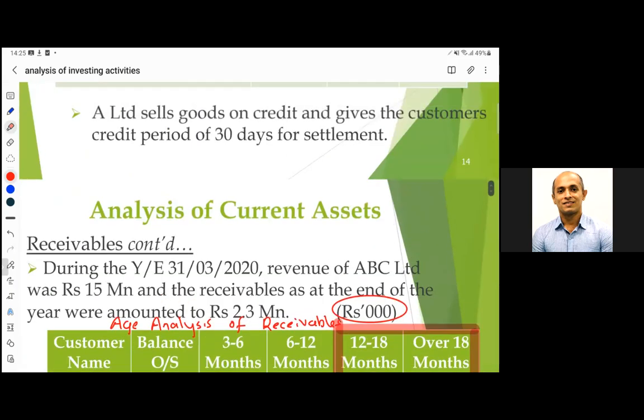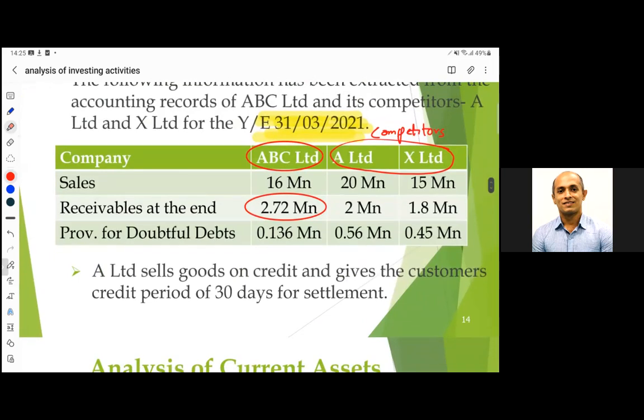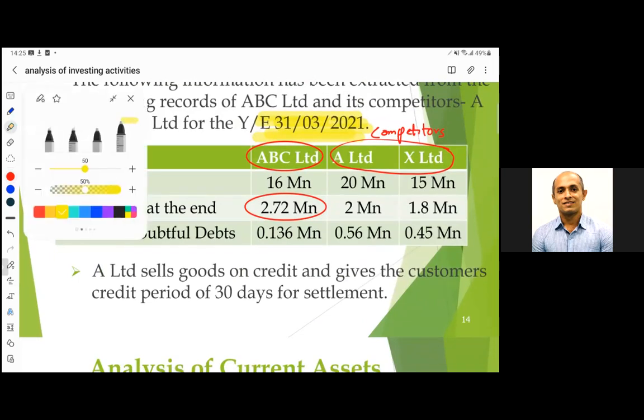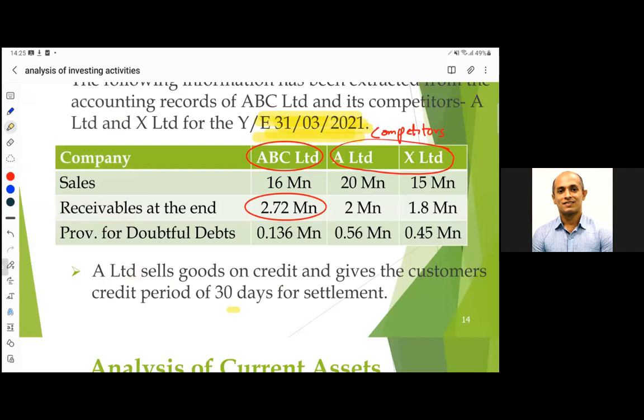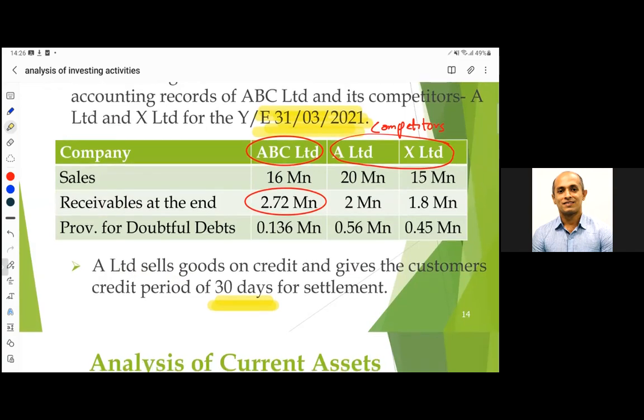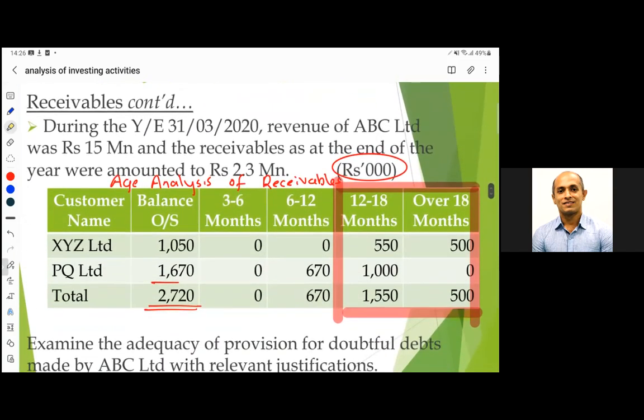Usually a company gives only 30 days credit. Even competitors give only 30 days credit. But your balance is outstanding over a long time period.